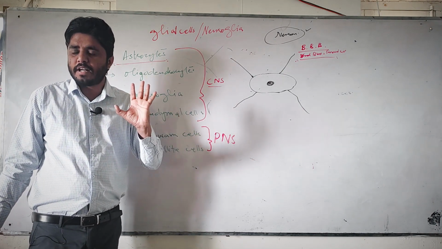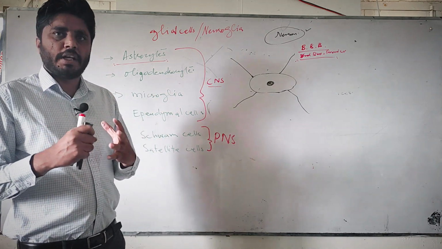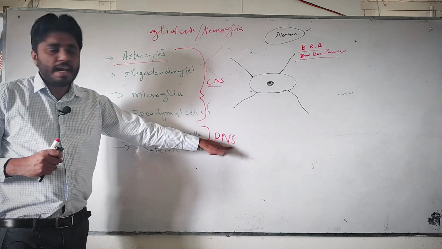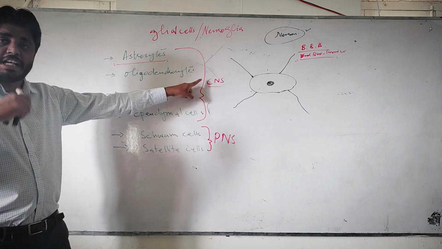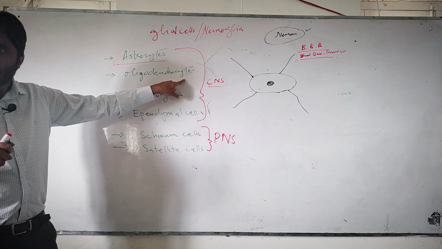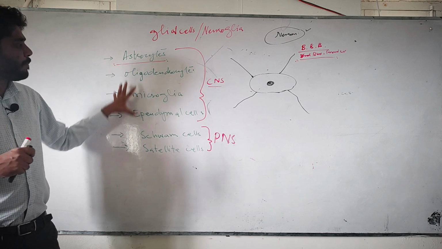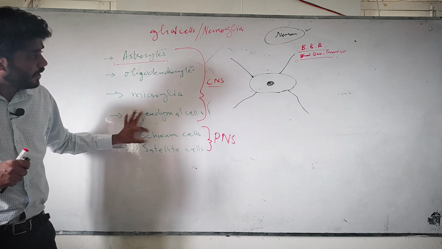They are responsible for the myelin sheath. That myelin sheath is provided by the Schwann cell in the PNS. Okay, and in the CNS the myelin sheath is provided by oligodendrocytes. So they all have the same function, but they are located in different locations.